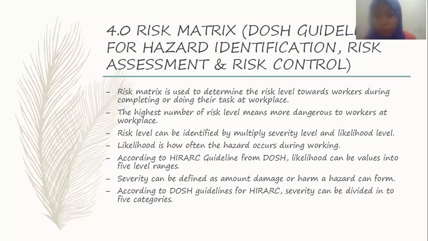Likelihood is how often the hazard occurs during work. According to the DOSH guideline, likelihood can be valued on a 5-level range. Severity can be defined as the amount of damage or harm a hazard can cause. According to the DOSH guideline, severity can be divided into 5 categories. Next slide.